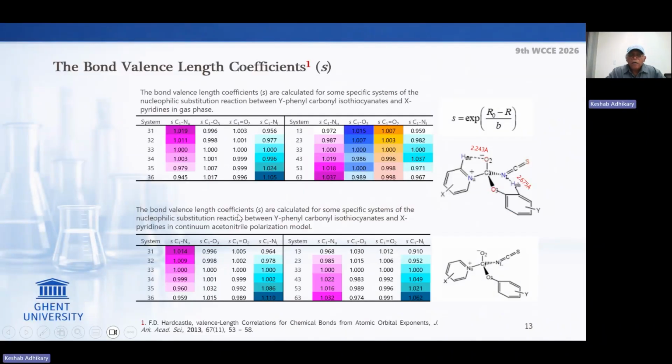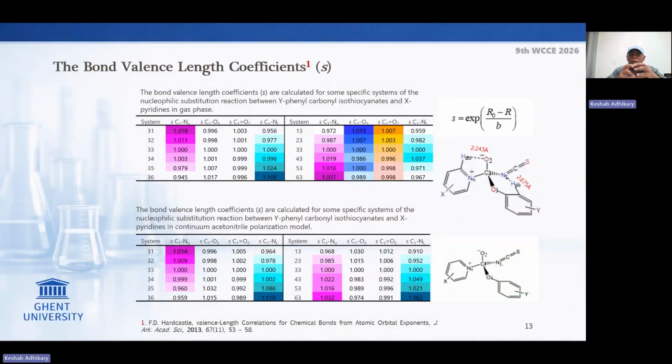This is the Pauling bond valence bond length coefficient, which usually expresses the bond softness, and from this bond softness we can find that there are two hydrogen-bonded cyclic structures in the TS.